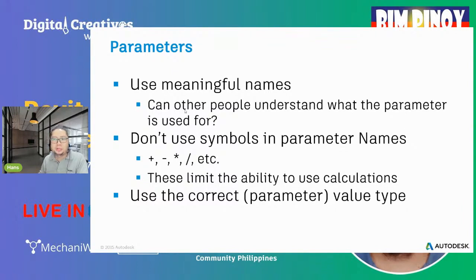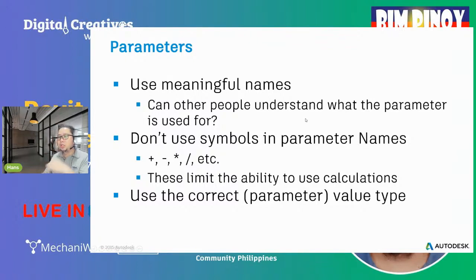It should be meaningful. Like if you're using an architectural door, at least use door or door one, or architectural door. Or if it is a chair, just put chair one or chair two. So when another user can access that file or that particular family, it will be easier for them to understand what it is.